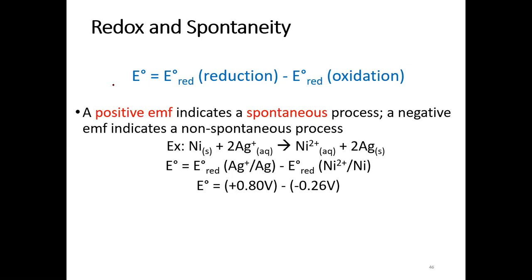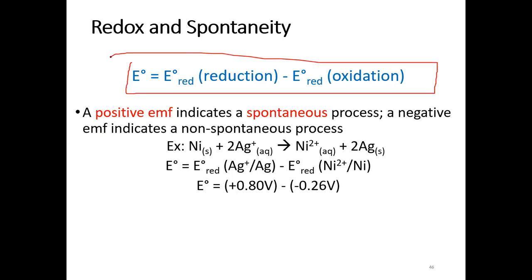We look at this example again, which is E equals E reduction minus E oxidation. Oxidation is the loss, so that's anode, and reduction is cathode. So a positive EMF indicates a spontaneous process, a negative EMF indicates a non-spontaneous process. As simple as that, right?